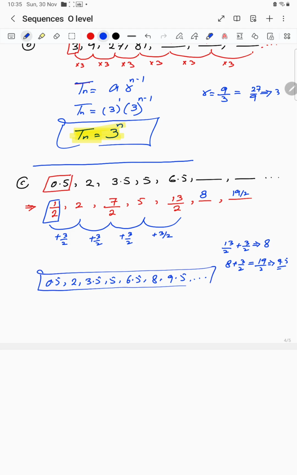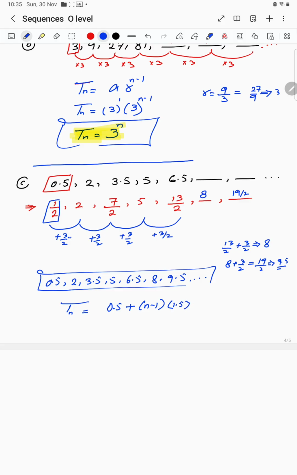Okay, the general term now, as it is very much clear this is an arithmetic progression. So the nth term will be a, which is 0.5 or 1 by 2, plus n minus 1 into 3 by 2, which means 1.5.